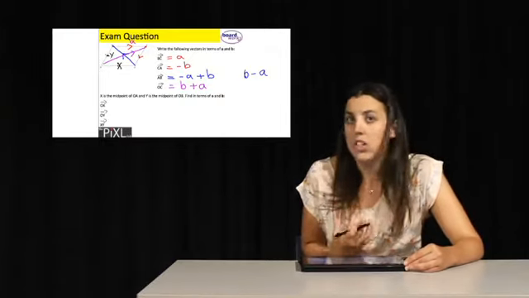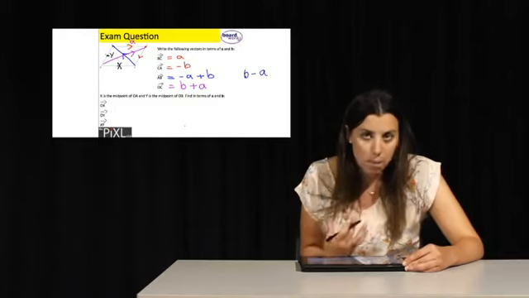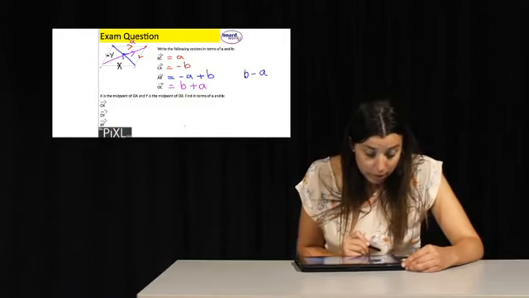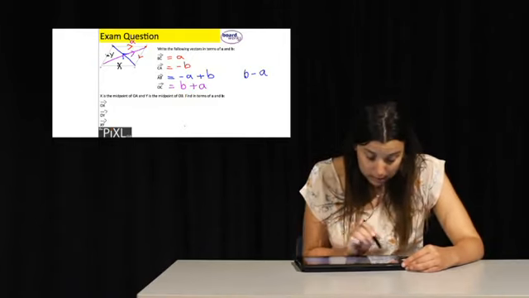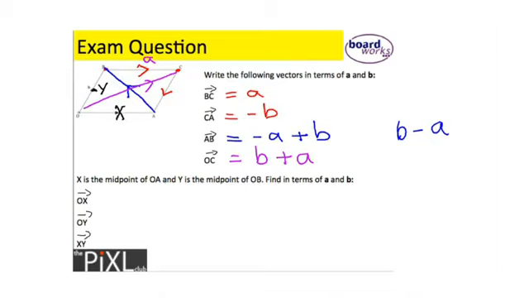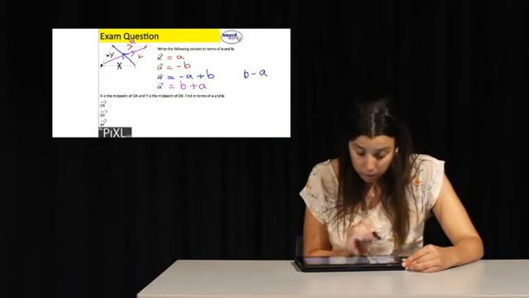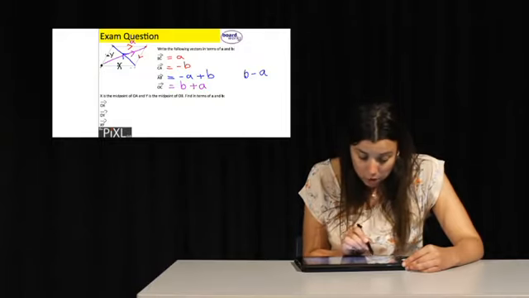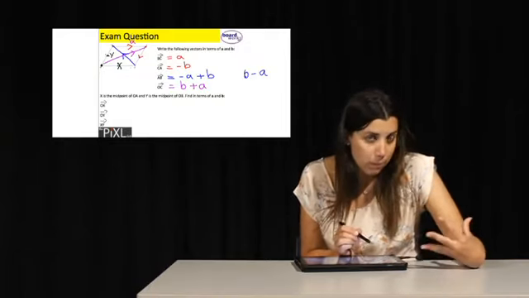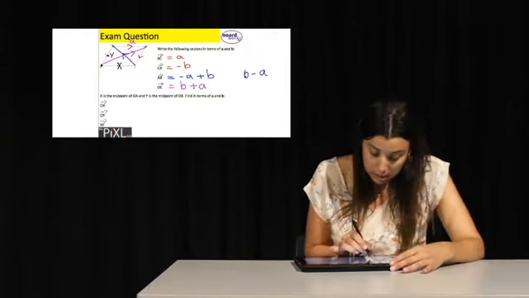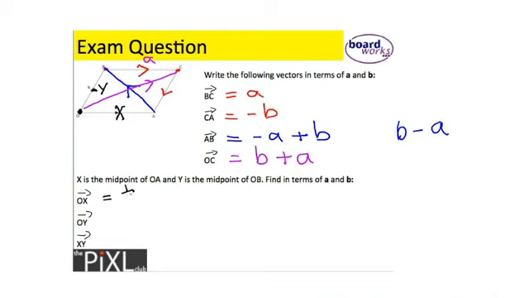So all of our answers are going to have A's or B's in and numbers, that's all. So our first one is OX. So we start here and we go from O to X. Now that's halfway O to A. So we know the vector O to A because it's given as A. So if we're going half the distance, it's simply half A.